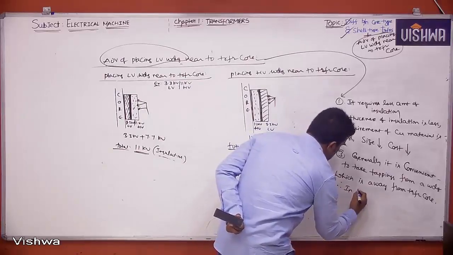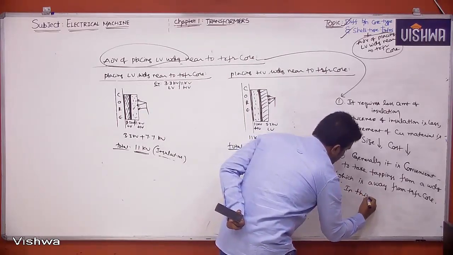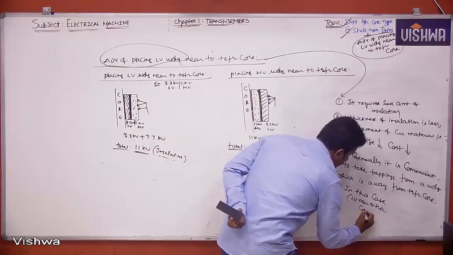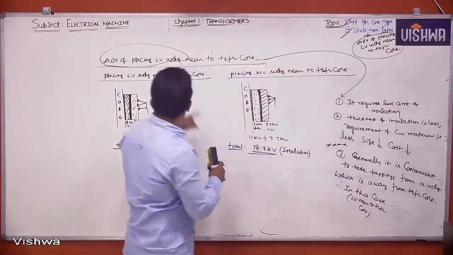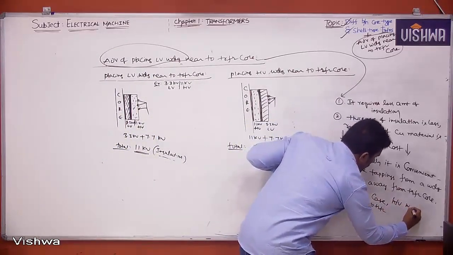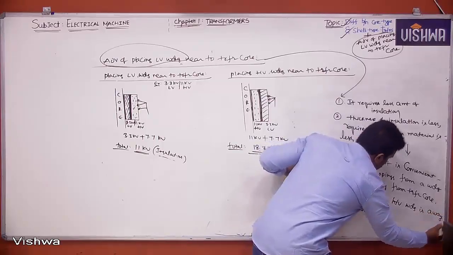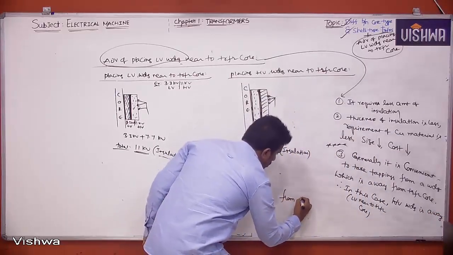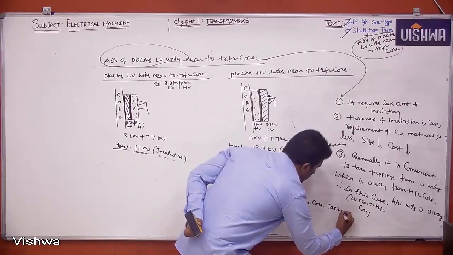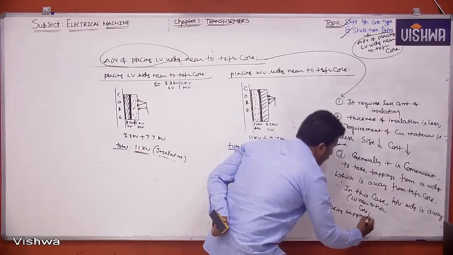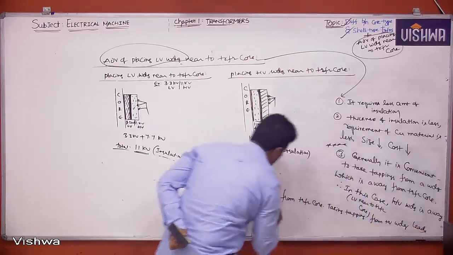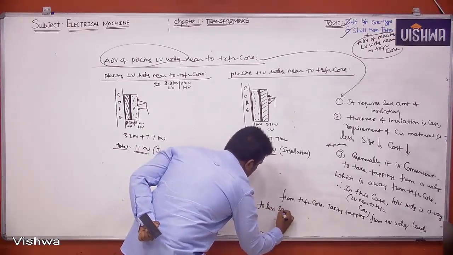Therefore, in this case, with the LV winding near to the transformer core, the HV winding is away from the transformer core, and taking tappings from the high voltage winding leads to less sparking.